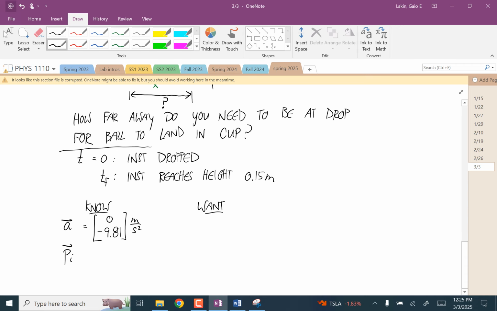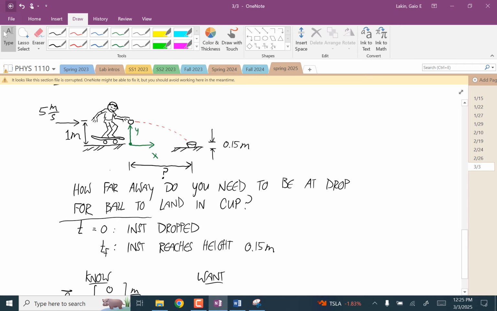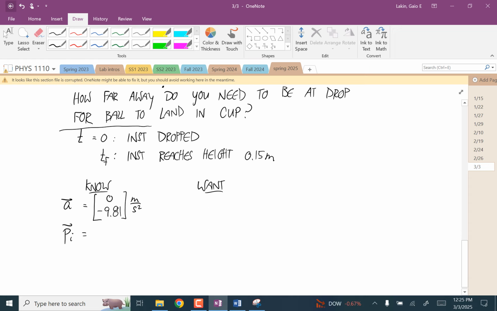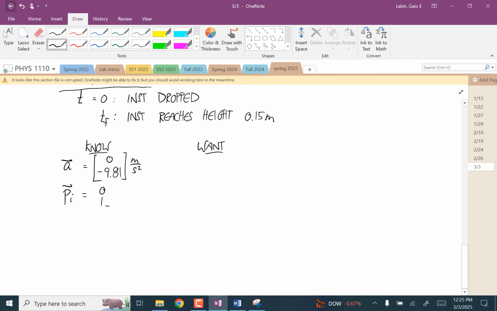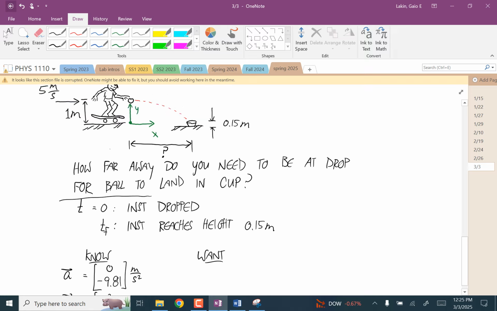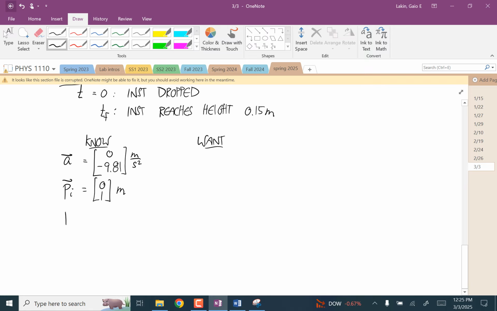The initial position is, in this coordinate system, at the instant it's dropped, the coordinates are 0 for x, 1 for y. P final, we know the y component is going to be 0.15 meters. And we're trying to figure out PFX.